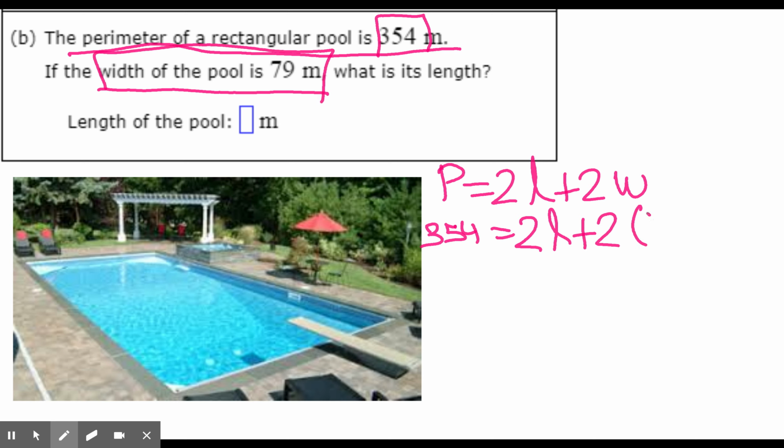So twice 79 meters. Now, as we simplify this, we have 354 is equal to twice the length, and then 2 times 79, well, 2 times 70 is 140, and 2 times 9 is 18, so 140 plus 18 is 158.